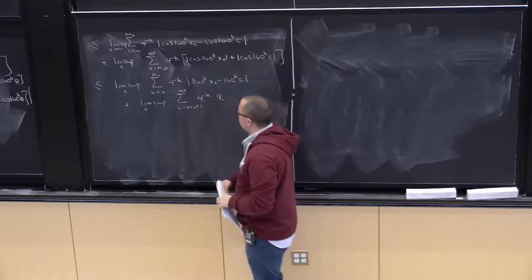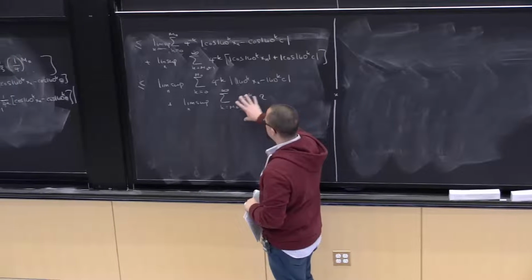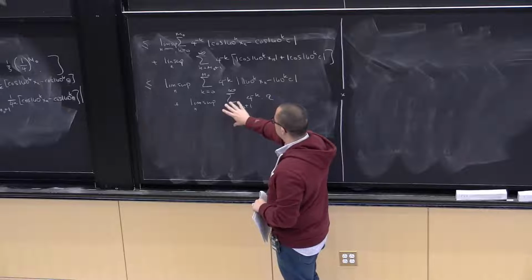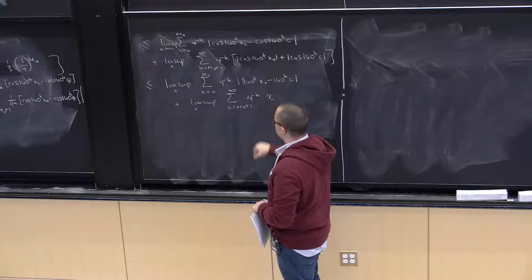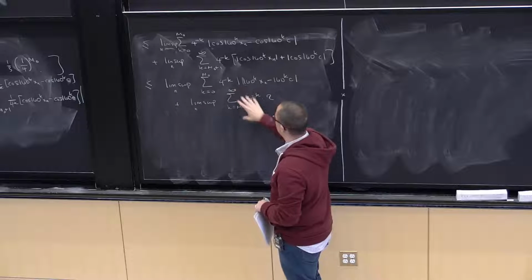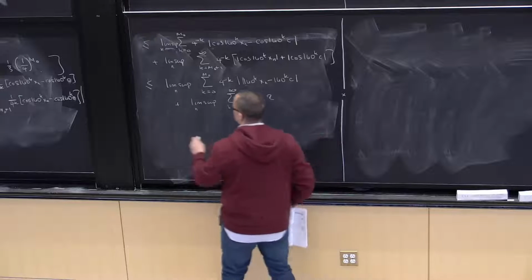Now, there's no n left here. We chose m0 so that this quantity is less than epsilon over 2, so times 2, this is less than epsilon.